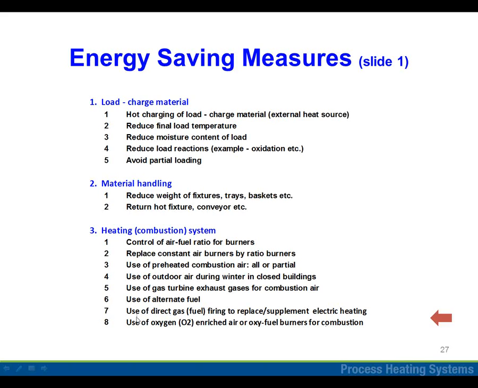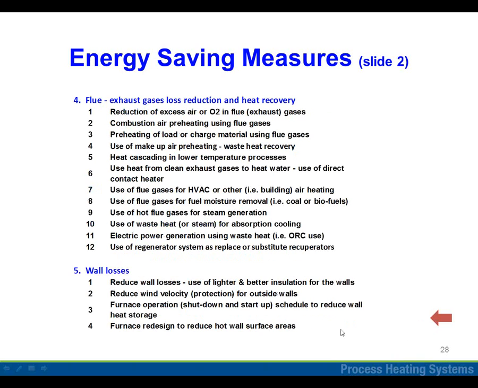Electricity is very expensive compared to the gas prices today, so that's another area we ask people to take a look at. Oxygen enrichment, or using oxygen or partial oxygen higher than 21%, is another area we can take a look at. Next slide, Sachin.